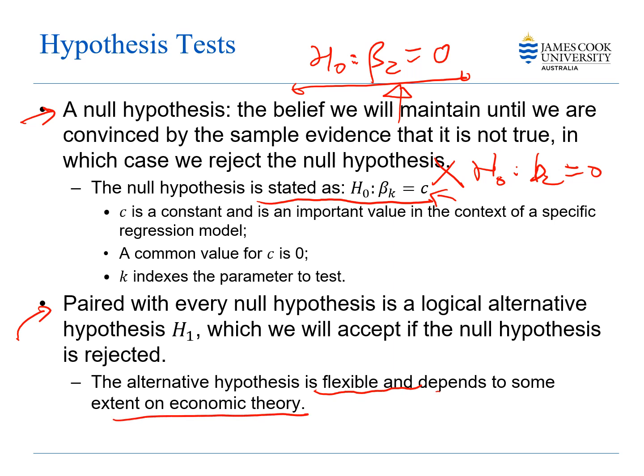For example, for our food expenditure, H0 is beta 2 is equal to 0, and economic theory suggests that beta 2 should be positive. So the alternative hypothesis would be beta 2 is positive. That's one alternative we can test.